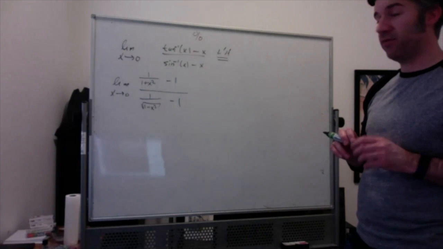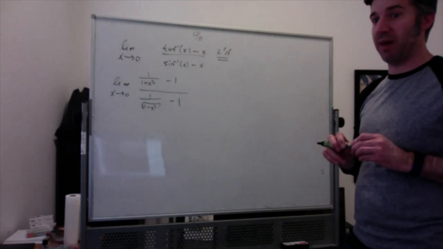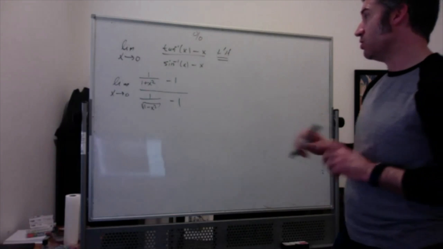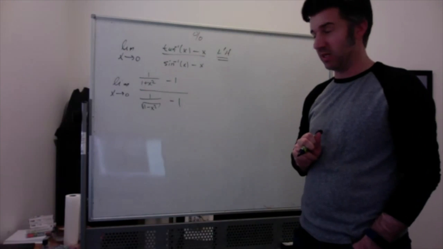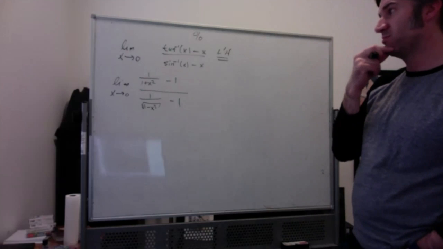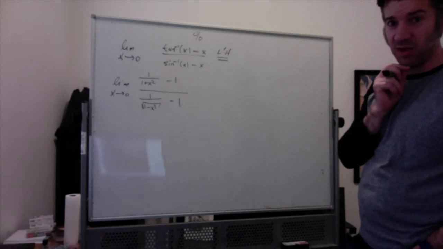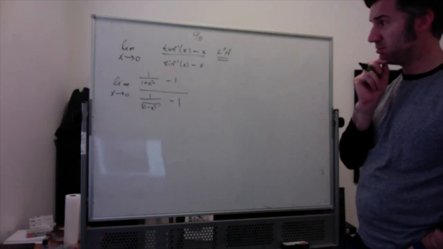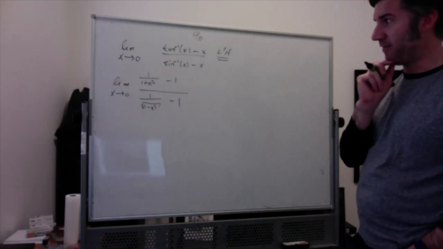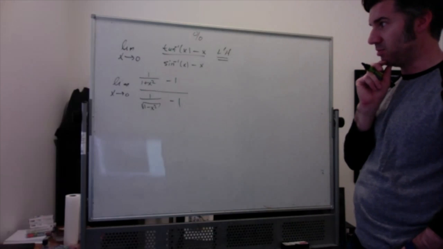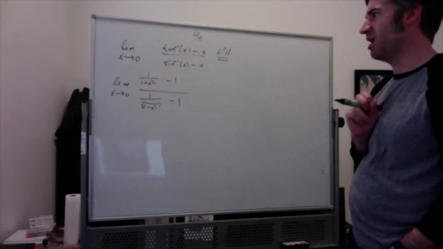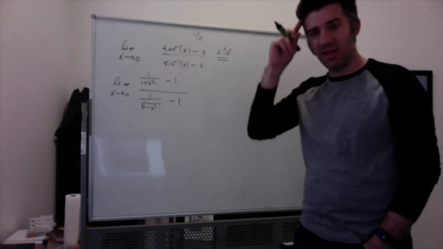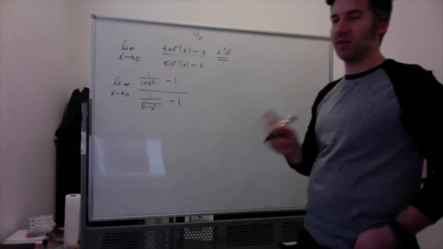So we probably have to use L'Hopital's rule again. The question I'm asking myself is, do I want to try and simplify this at all before I use L'Hopital's rule again? I honestly don't know. I feel like it's going to be terrible. Let's go with not simplifying. Except, I'm going to do one thing.